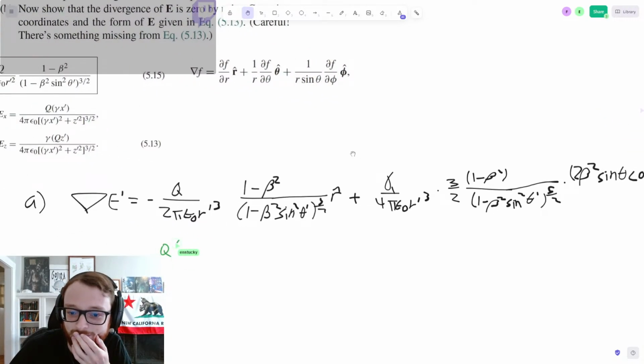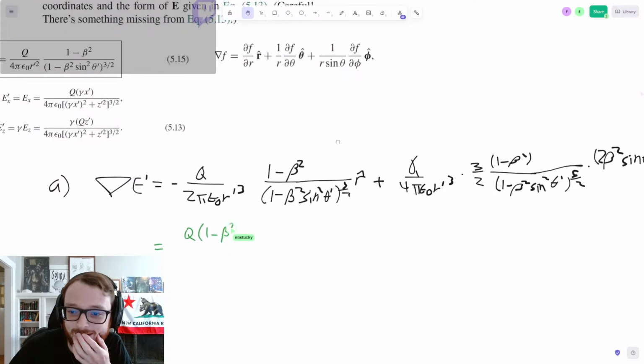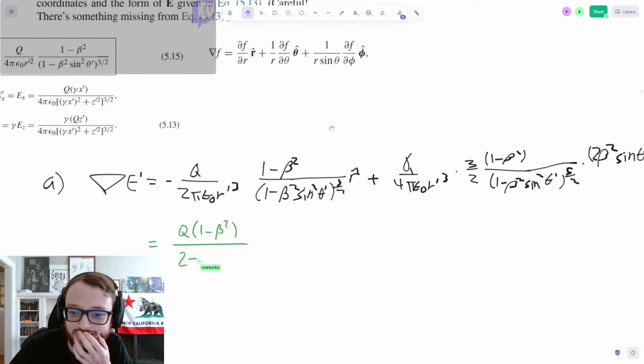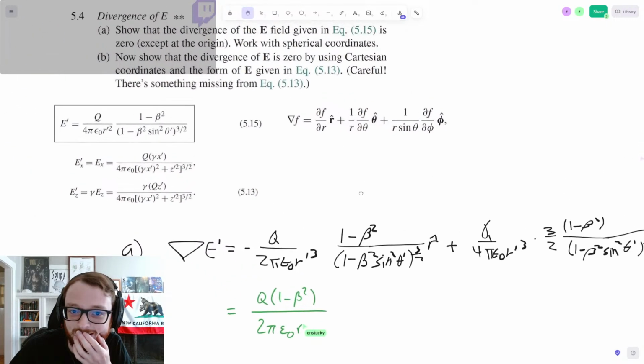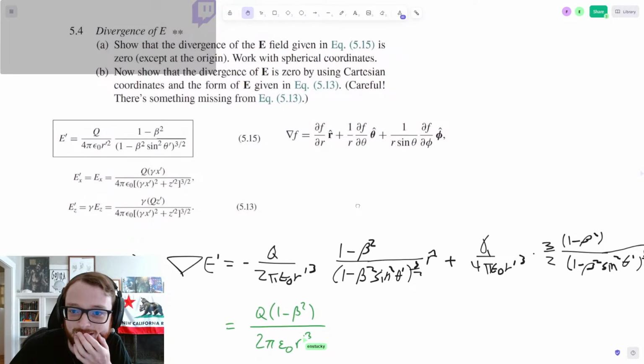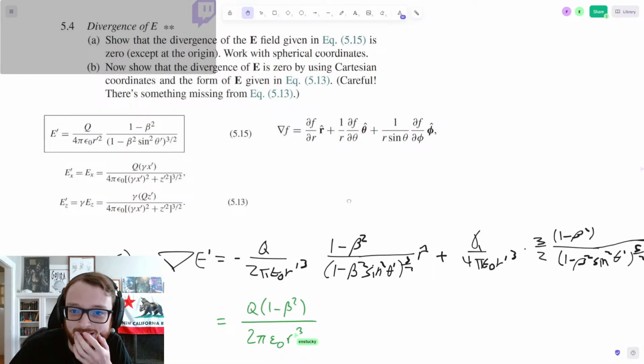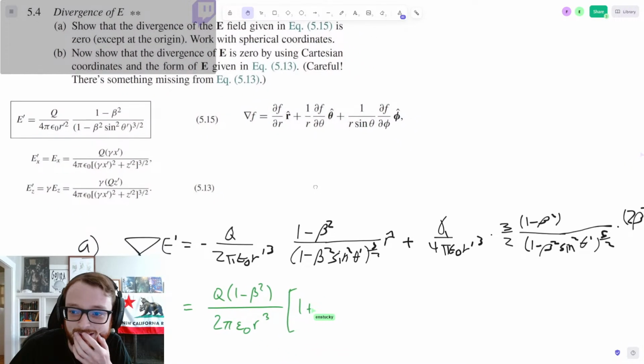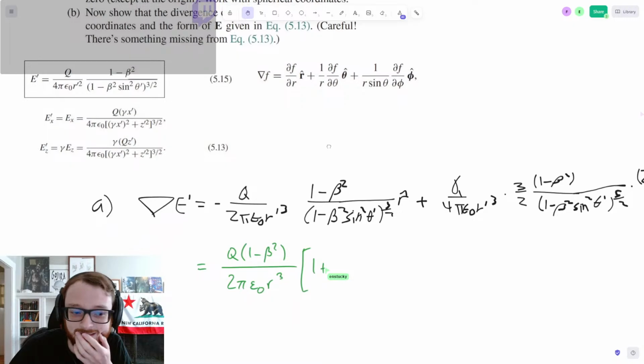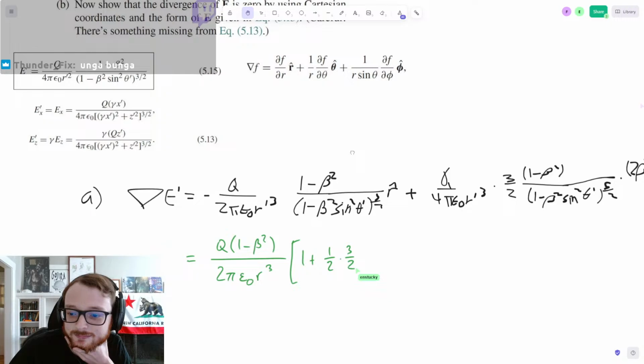So I'm gonna collect some terms. And then that's 1 plus 1 half, 3 halves.